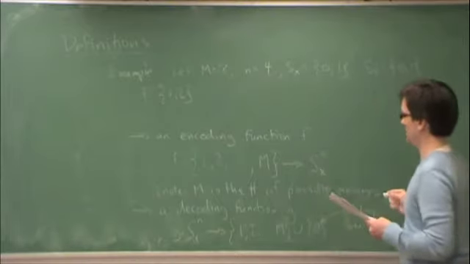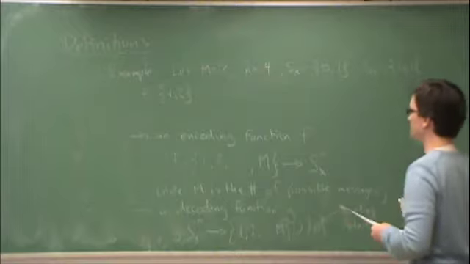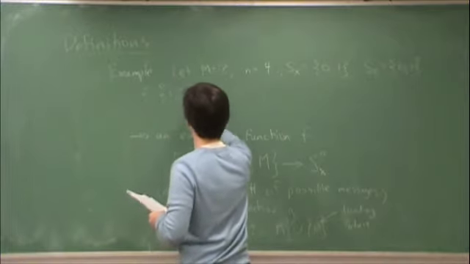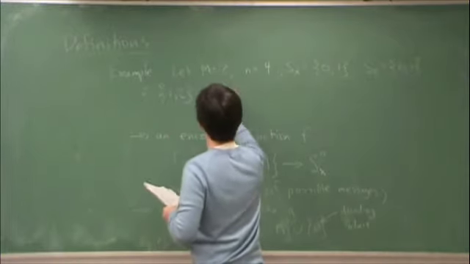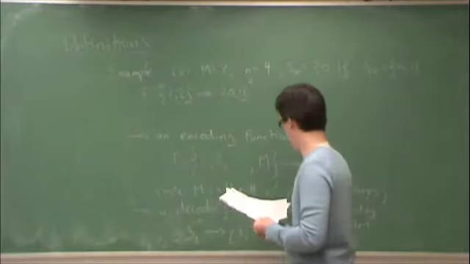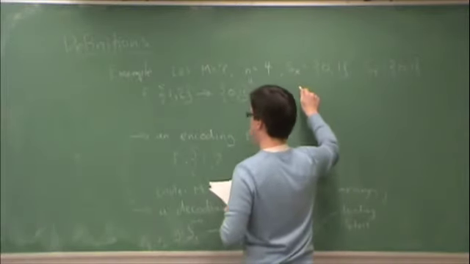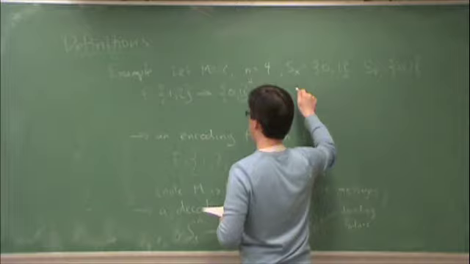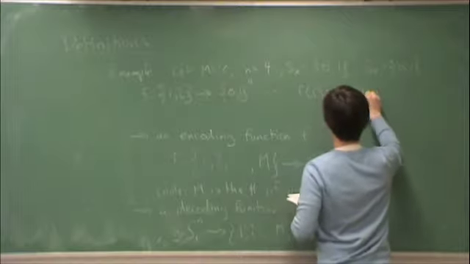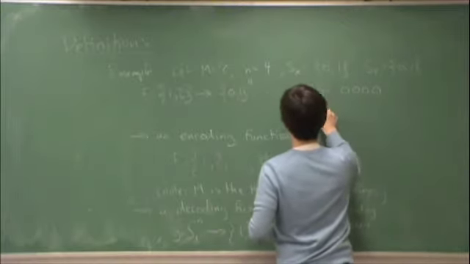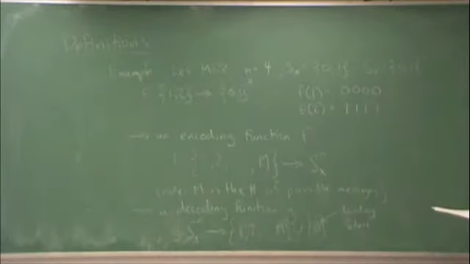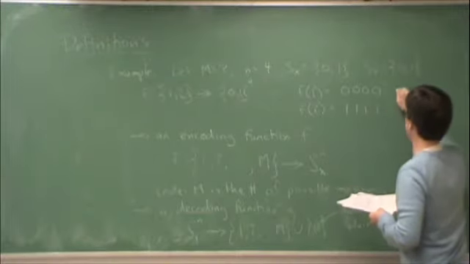And I'm going to leave the probability of y given x abstract for now. F is a mapping from 1, 2 to 4-fold binary vectors. In particular, I'm going to say f of 1 equals 0, 0, 0, 0, and f of 2 equals 1, 1, 1, 1. This is actually a very simple kind of code called the repetition code.